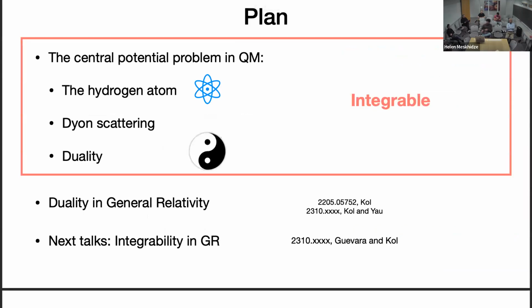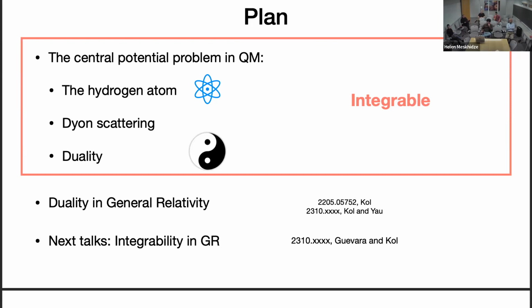Okay, so this is the plan for the talk. I will start with a review of the central potential problem in quantum mechanics. This is the hydrogen atom, but in fact it's a family of problems that can be mapped to each other, and it also includes dyon-dyon scattering. A dyon is a particle with an electric and magnetic charge.